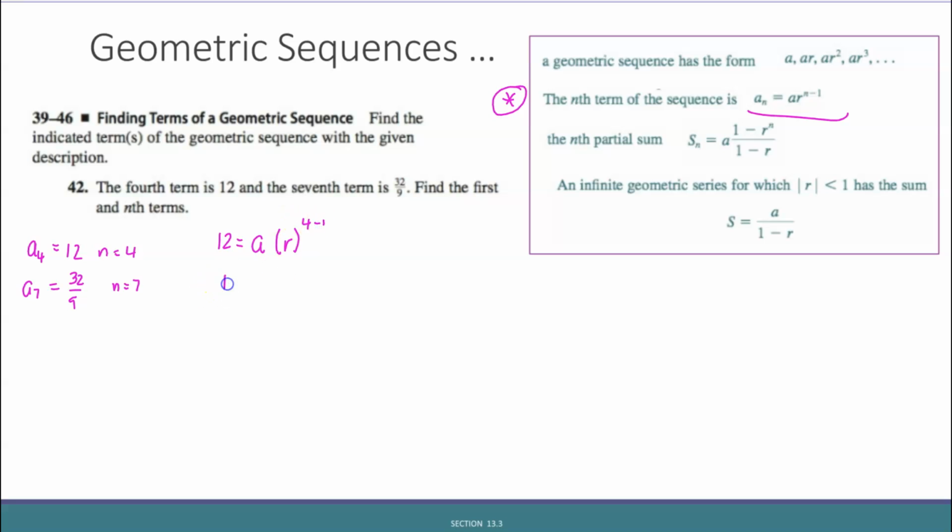This gives us 12 equals A times R cubed. We'll do the same thing with A7. 32 over 9 is equal to A times R to some power. We don't know the first term or R, but 32 over 9 happens when n is 7, so the power of R is 6. So we have 32 over 9 is equal to A times R to the 6.